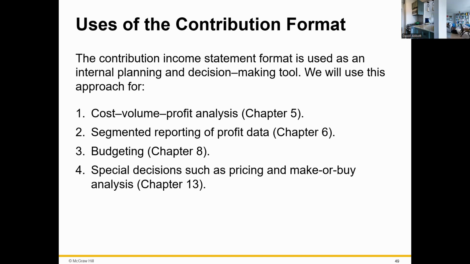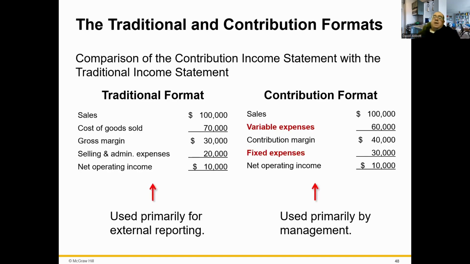But just know that you can use this to figure out, if your sales were going to increase, how much your variable expenses would increase. That would allow you to do different types of forecasting. So the contribution format is very useful to you, and as a manager, that's the one you're going to primarily focus on.